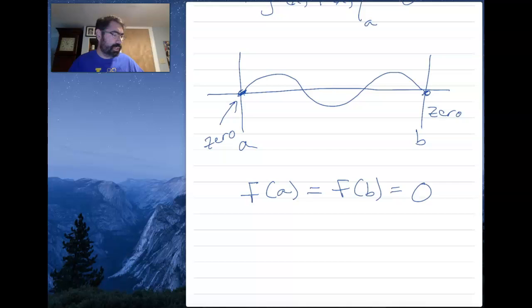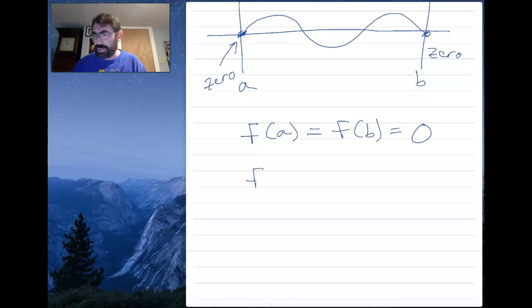Another way you can look at it is in spherical coordinates. What we would say is that we have a periodic function, where this function of some angle phi is going to be equal to that same function at phi plus 2 pi.